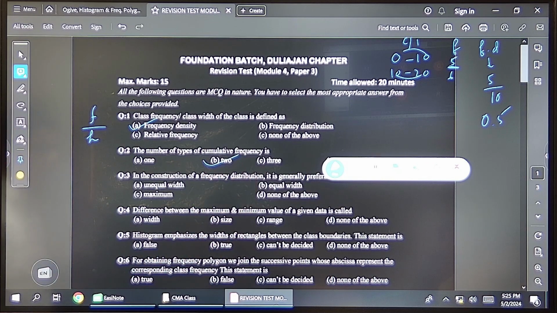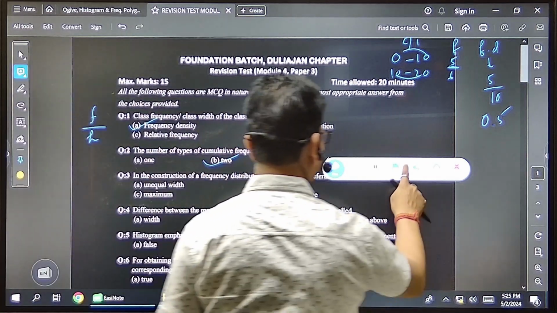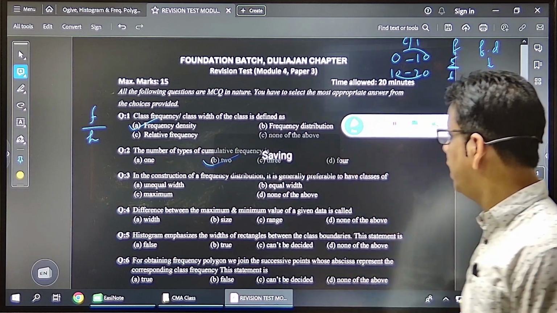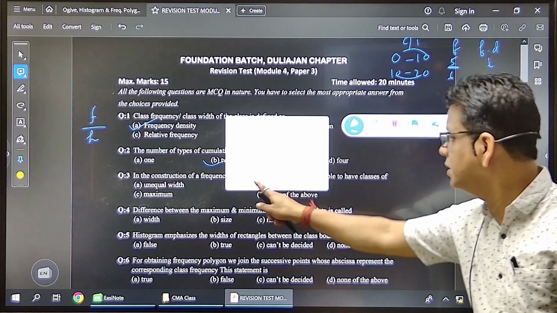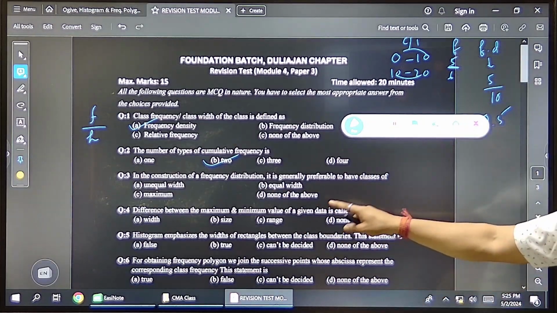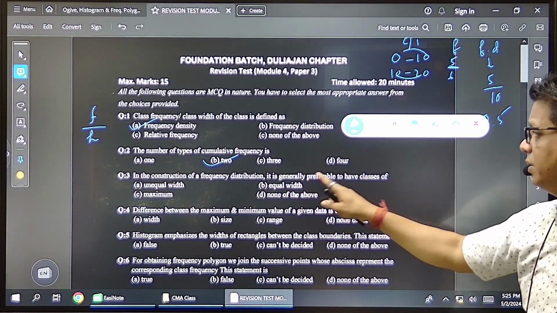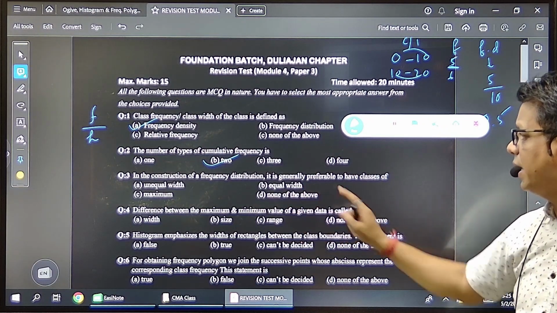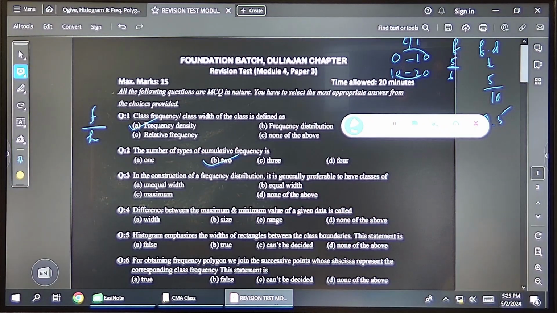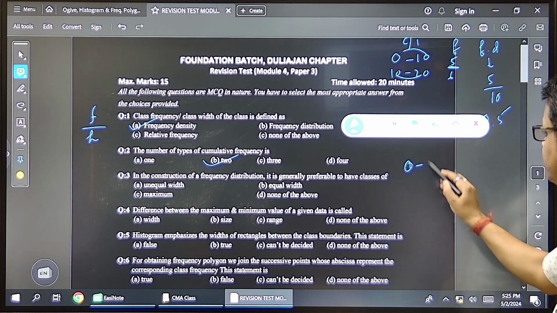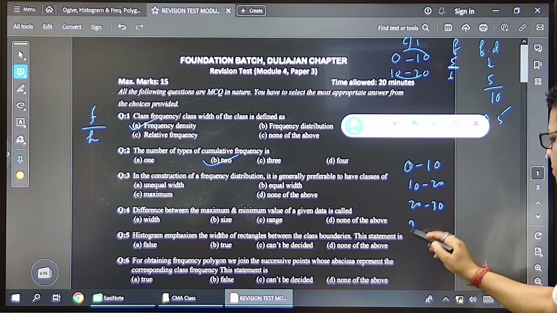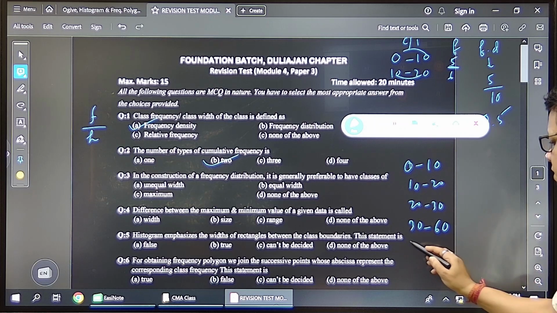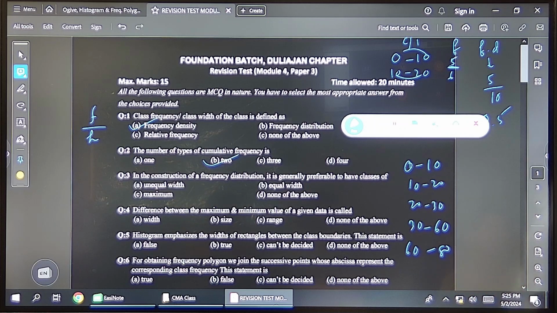In the construction of frequency distribution, it is generally preferred to have what? Classes of unequal width, equal width, maximum, or none of these. Suppose you have 0 to 10, 10 to 20, 20 to 30, then 30 to 60, then 60 to 80.